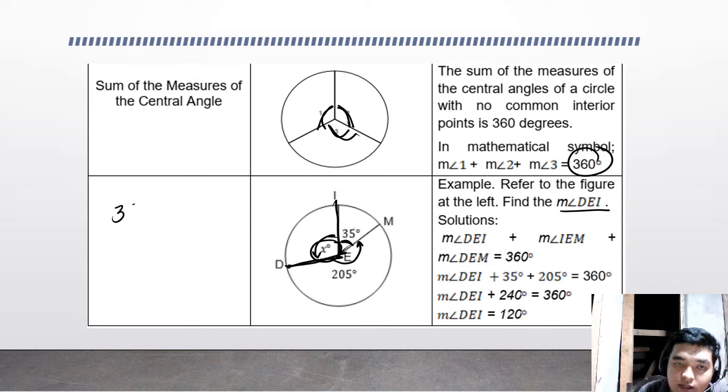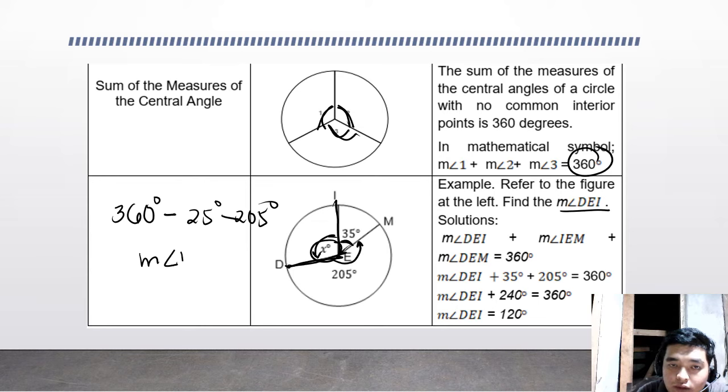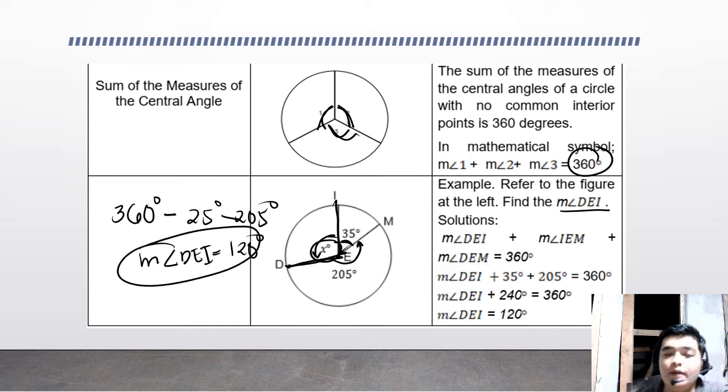So that is simply 360 degrees minus 35 degrees minus 205 degrees. So the measure of angle DEI, you just subtract everything, that is 120 degrees. Don't forget that is one revolution, or one rotation, of the circle.